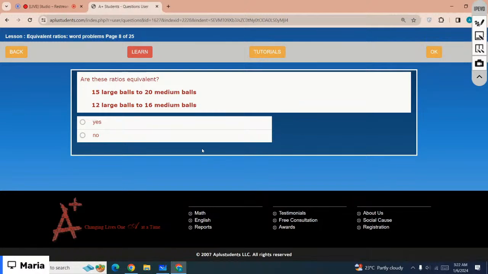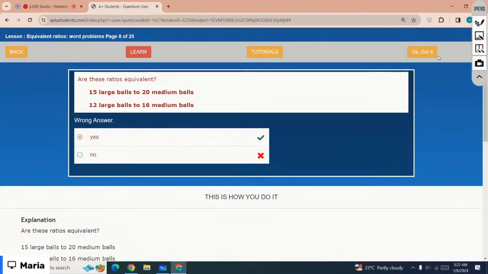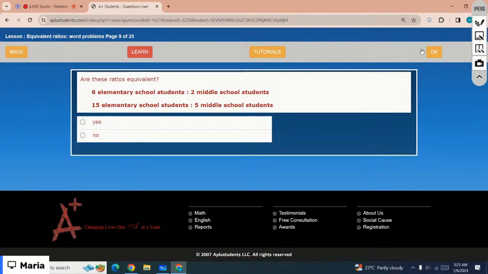They are equivalent. Hold on, 15 times 16, yes, they are equivalent. Sorry, the correct option is yes, they are equivalent. Got it? Okay, you can complete the lesson by yourself later today. Let me just move on to the next lesson.